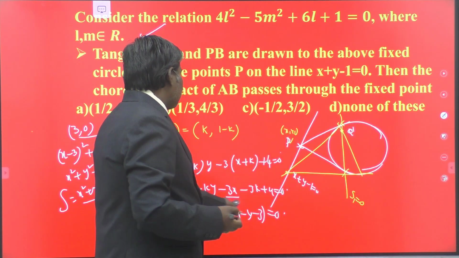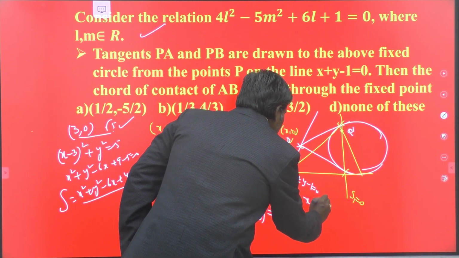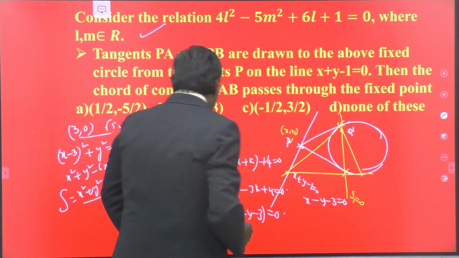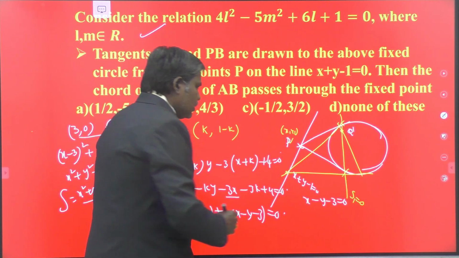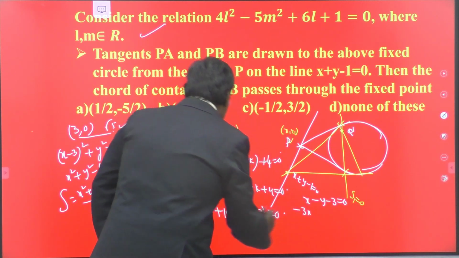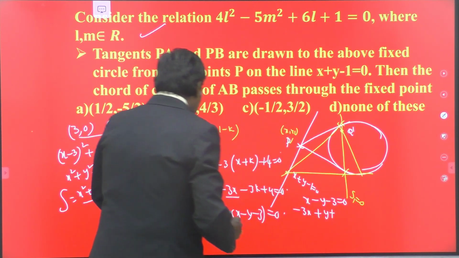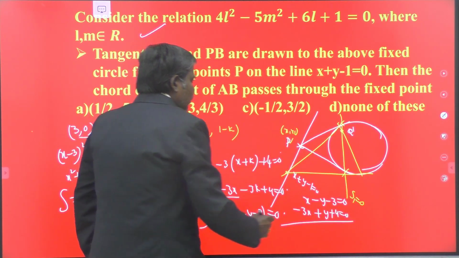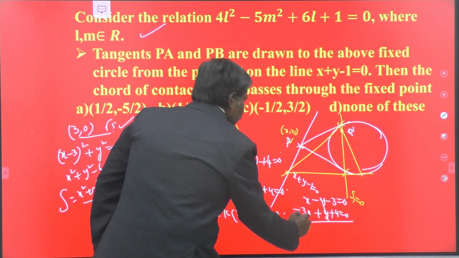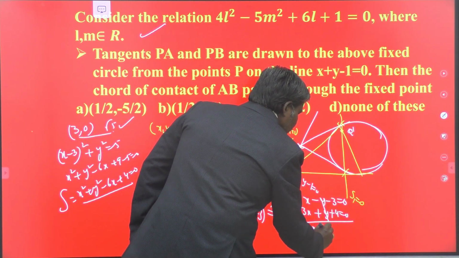So our job becomes what? We are going to solve these two equations. What is this equation? x - y - 3 = 0. What is the next equation? -3x + y + 4 = 0. So by adding these two lines, we have -2x + 1 = 0.